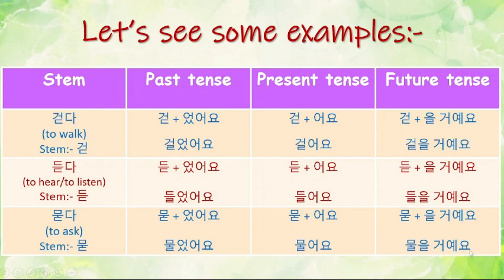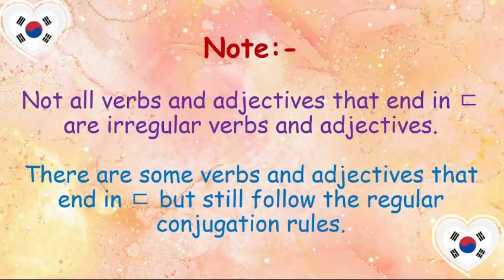Right. So, basically, tigit irregular is very easy. You just need to replace tigit with lir whenever a vowel is coming to get attached to the stem. Now remember one thing, that not all verbs or adjectives that end in tigit are irregular verbs and adjectives.